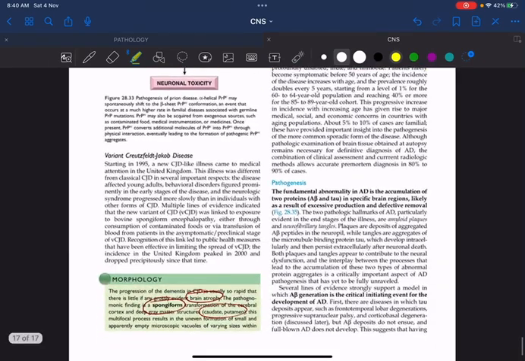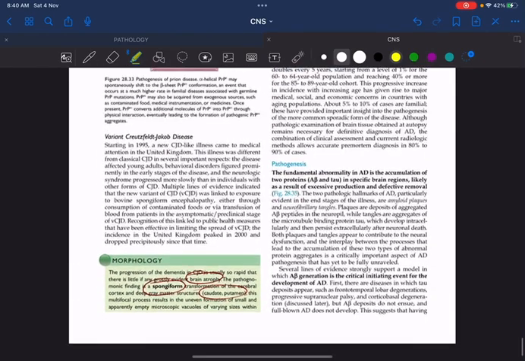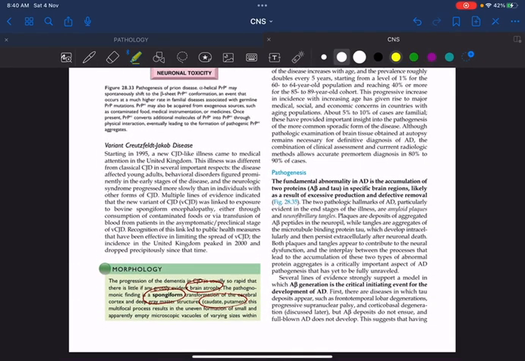As far as pathogenesis is concerned, I will explain it in simple words first. The main problem in Alzheimer's disease is an unnecessary accumulation of A beta amyloid plaque. Normally for us also this A beta amyloid is produced, but it is immediately degraded by the macrophages in the brain.